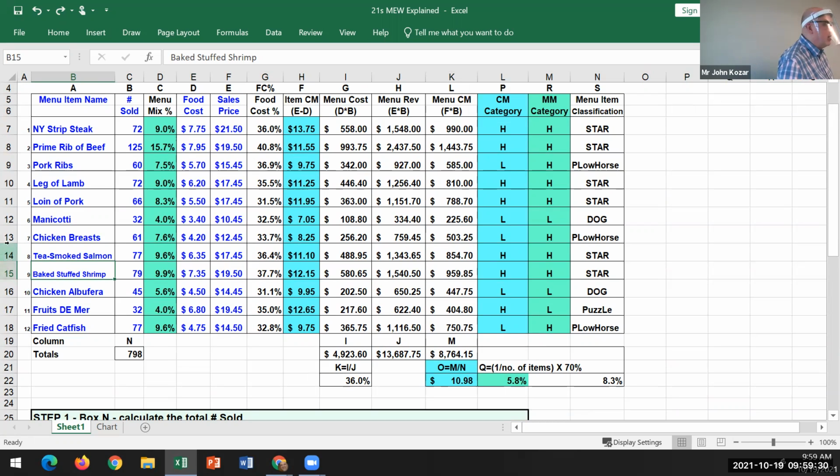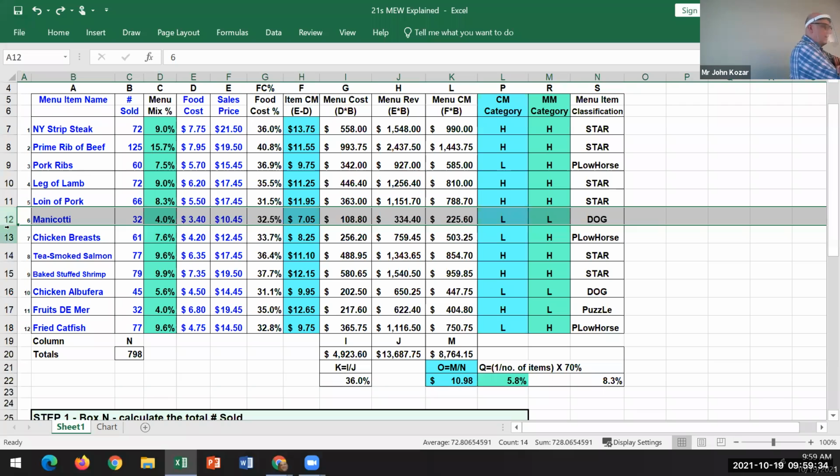The other thing I wanted to talk about was the manicotti that's a dog. What is unique about that on this menu? Steak, beef, ribs, pork, chicken, salmon, shrimp, chicken.